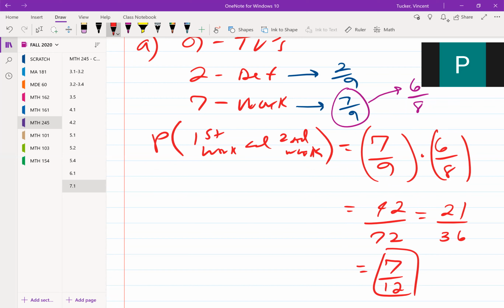So I don't know if they wanted, let me go back to the problem and see if they want a decimal. Oh, it's around 3 decimal places.